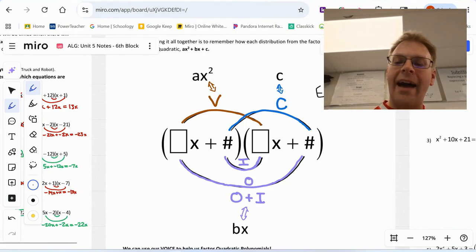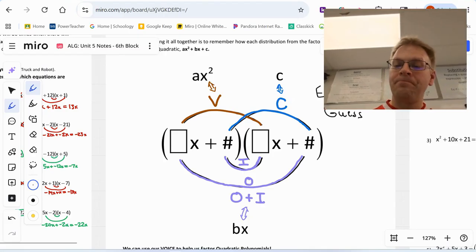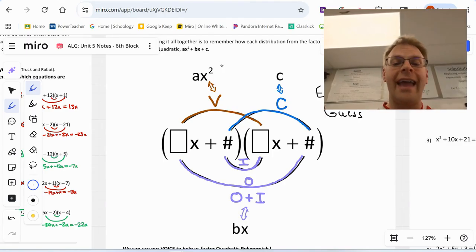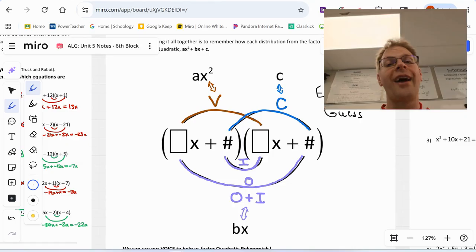What we now have is an educated guess. But as we saw in the previous question, just because ax squared, the leading term, and the constant work out doesn't mean the binomial factors are correct.